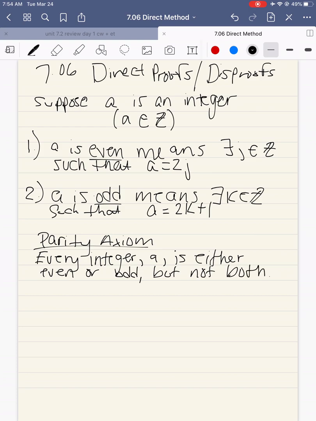You could probably write this with quantifiers. Let's actually write this out. This isn't in my notes, but I would like to share it.